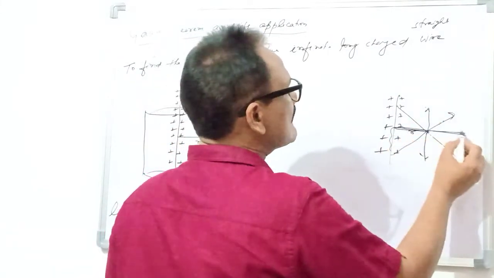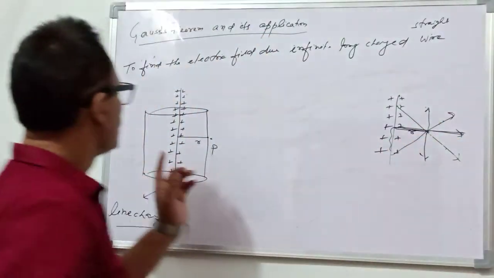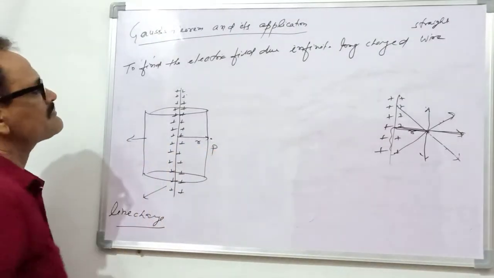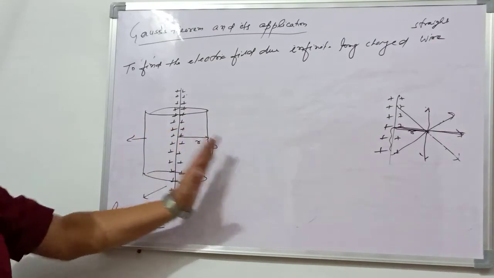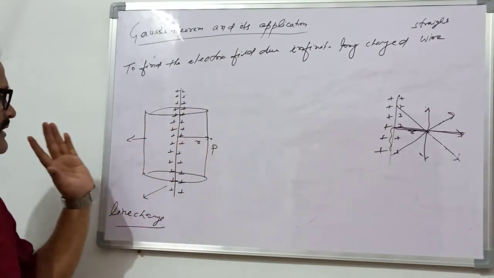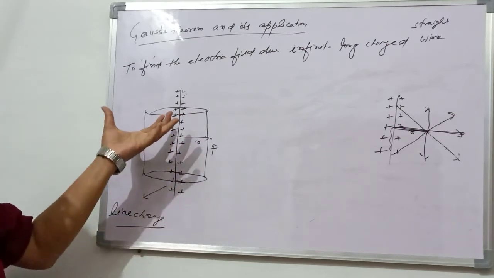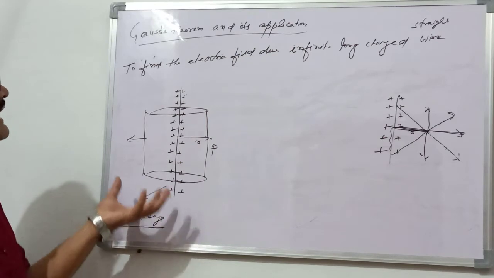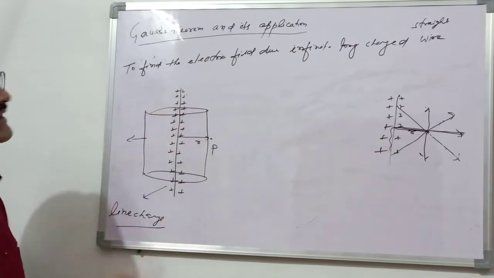So there is only a radial electric field here, and at r distance the magnitude of the electric field will be similar. So the cylindrical surface will be symmetric about this line charge.